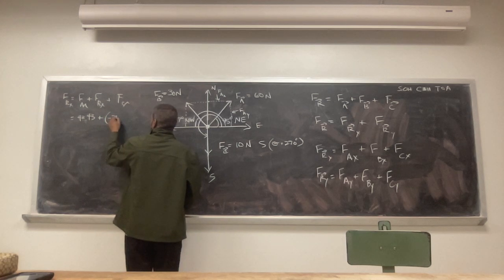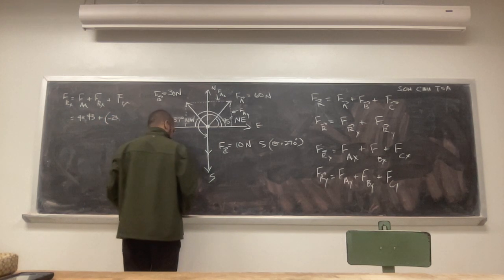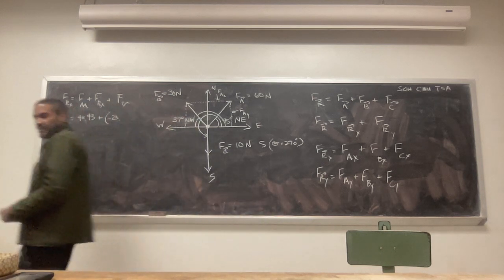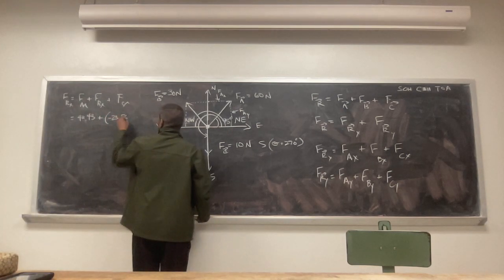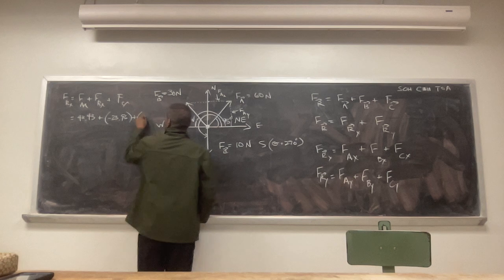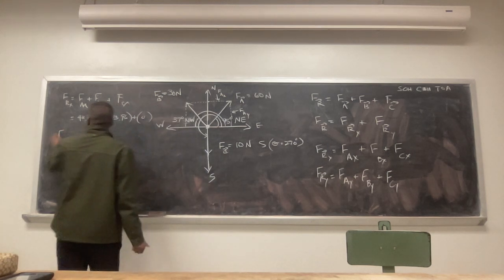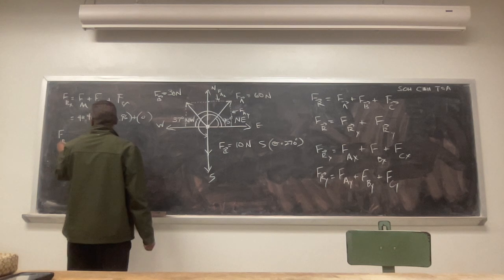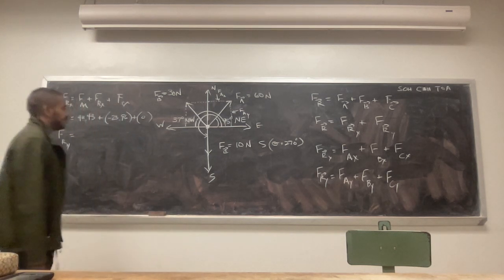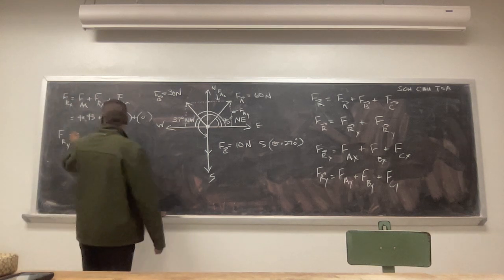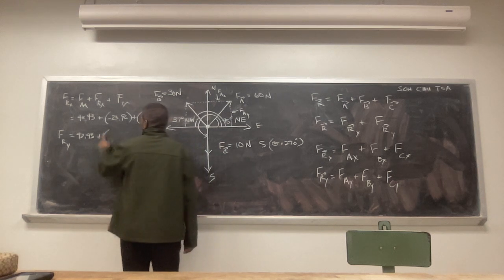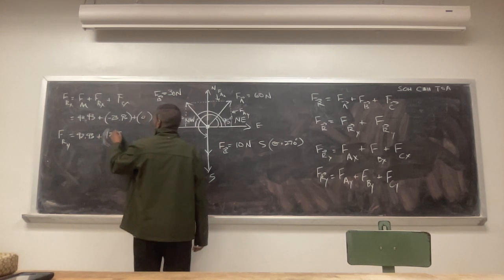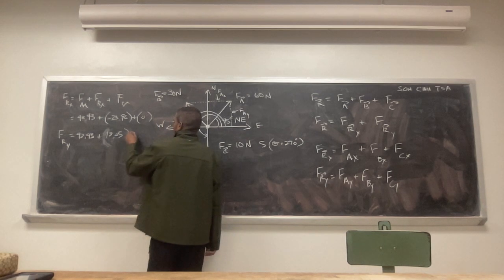Negative 23.96, plus 0. Now we get our resultant vector y: 42.43 plus 18.05, that's negative 10, plus negative 10.